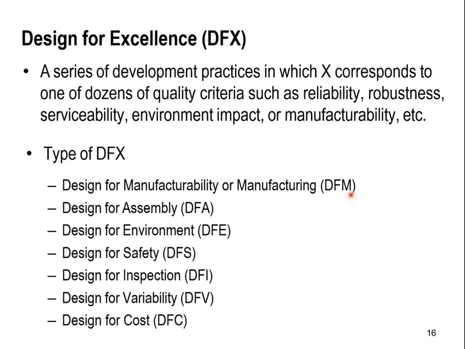Design for the environment, we check the impact of manufacturing every single part on the environment. Design for safety is understandable. Design for inspection is understandable, variability, and the cost. So everything is about optimizing the design process to the optimum outcome across the different X's.